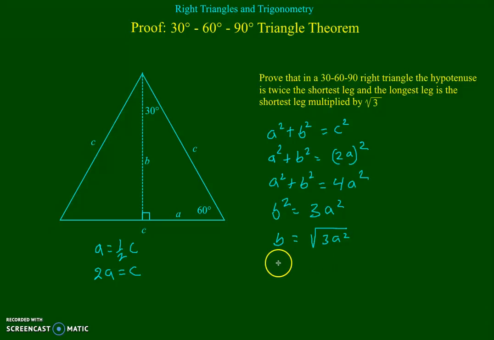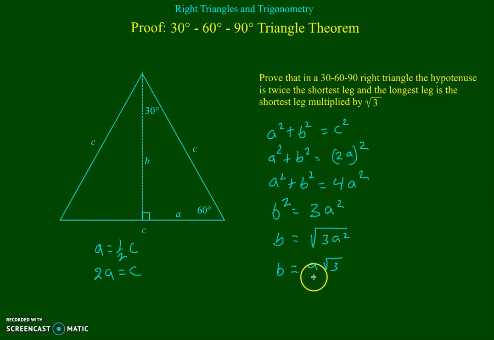And this simplifies. The square root of A squared is simply A, and the square root of 3 is left inside. So B equals A times the square root of 3. And there we have it. B, the longest leg, is equal to the shortest leg, A, times the square root of 3.